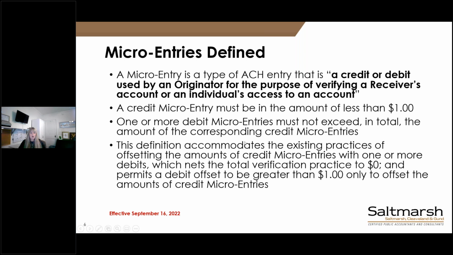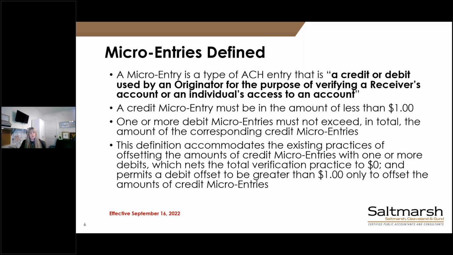When you're verifying these, in some practices they'll send just a credit. They don't always send a debit offset. It's just how the application works for that particular originator. But it's now going to be defined that it has to be less than $1 on that credit side.